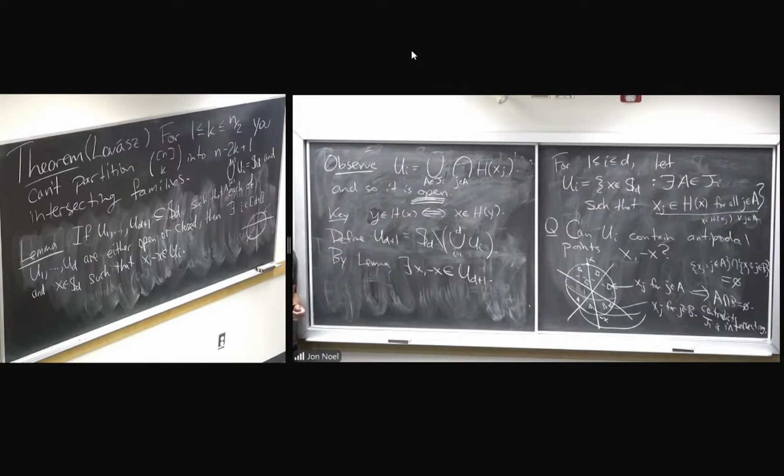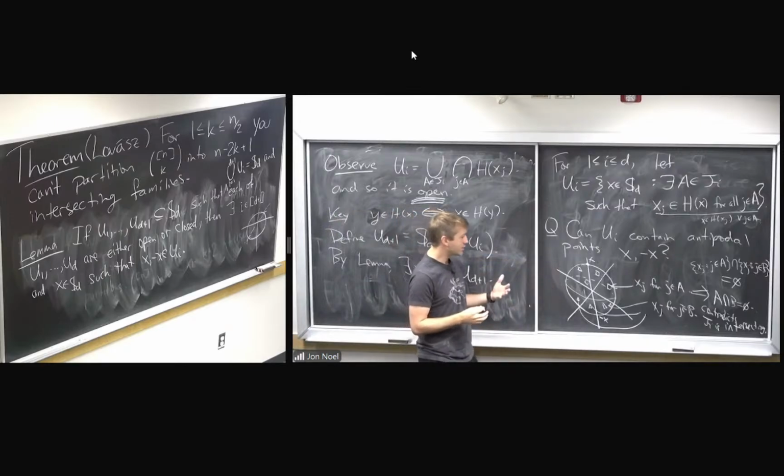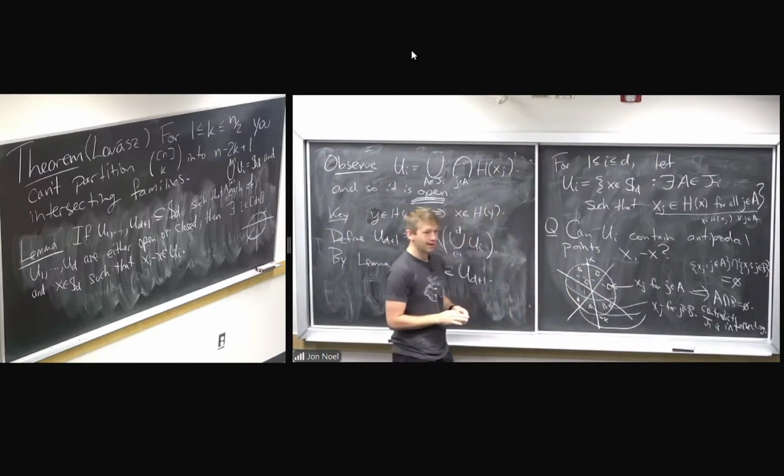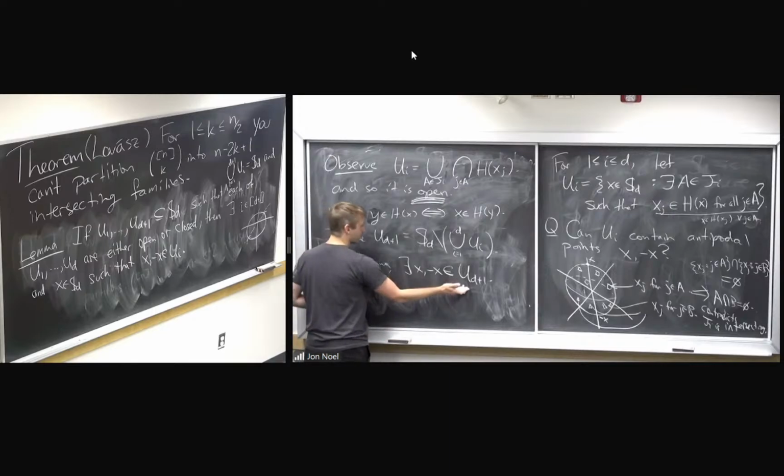Right, so here's the thing. We've used the hypothesis, the property that each of these Fi are intersecting. One thing we haven't used is the fact that they partition n choose k. That's never come up in the proof yet. So that's what we need to use to settle this case.